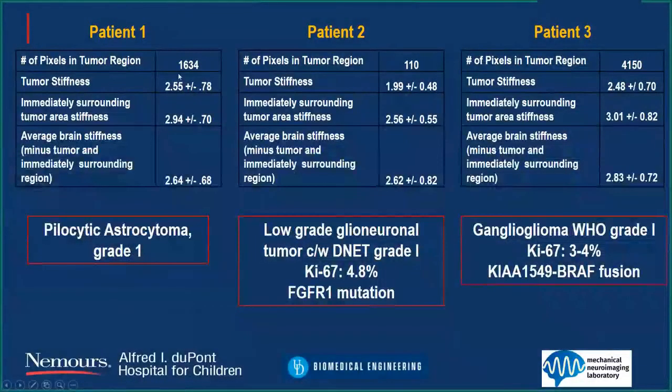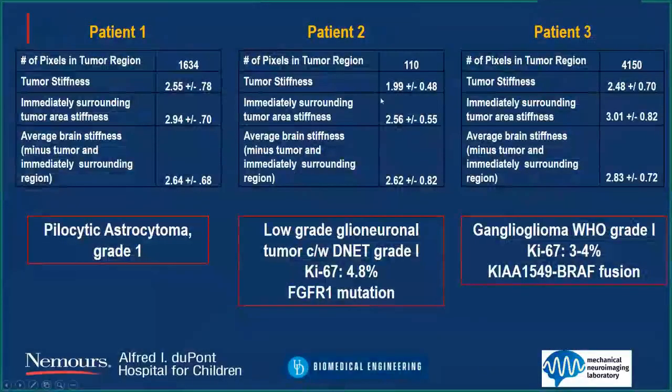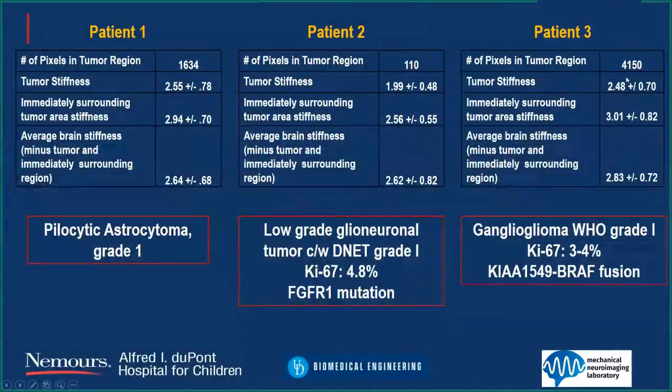So this was 2.55. It turned out to be a pilocytic astrocytoma grade 1. This was 1.99 or almost 2. It turned out to be a low-grade glioneuronal tumor, again grade 1, with a low Ki67 index. And the third patient who had a tumor stiffness of 2.48 turned out to be a ganglioglioma, WHO grade 1, with a low proliferation index.